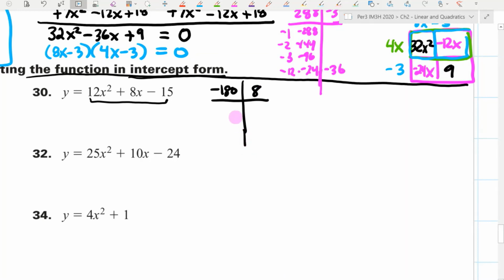So you only have to try the numbers 1 through 13. So 1 times negative 180, that doesn't work. 2 times negative 90, 3 times negative 60, and so on and so forth. You keep trying them. It will be negative 10. We want the small number to be negative, excuse me.